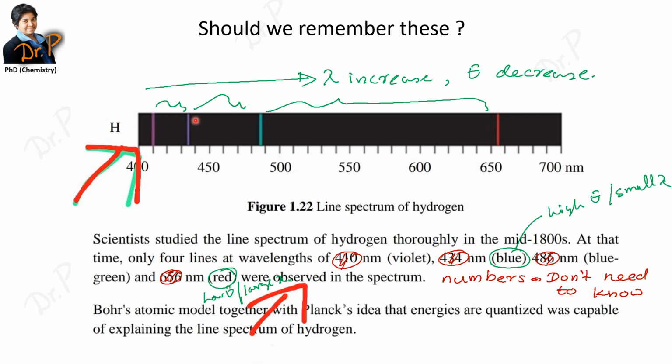And you can see with respect to that what the spacing is like. In the direction that wavelength lambda increases, the spacing also increases.